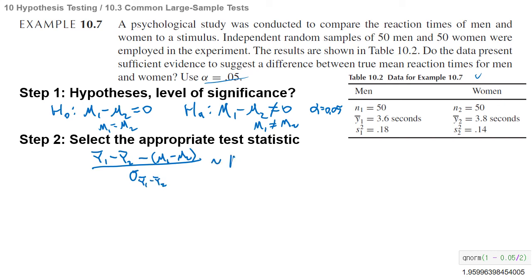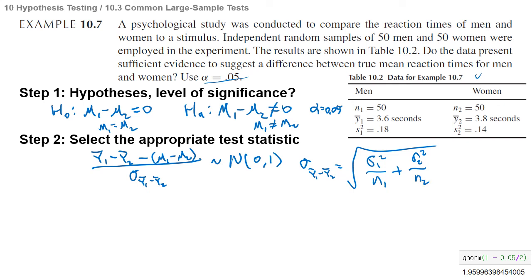This will follow the standard normal distribution, and from here the standard error of y1 bar minus y2 bar is square root of sigma 1 square over n1 plus sigma 2 square over n2.